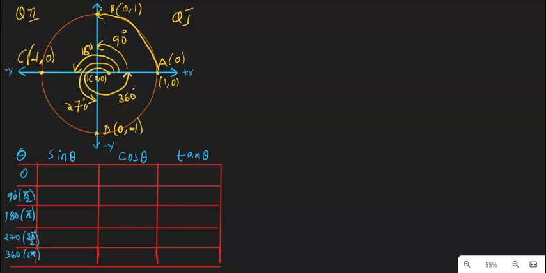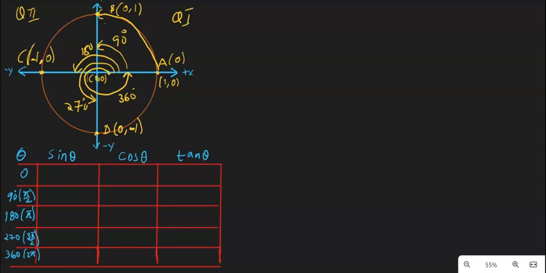And this point is 360 degrees, where the sine of 360 degrees is 0 and the cosine of 360 degrees is 1. So this is the whole point of a unit circle. It tells us the cosine and sine values on a unit circle.